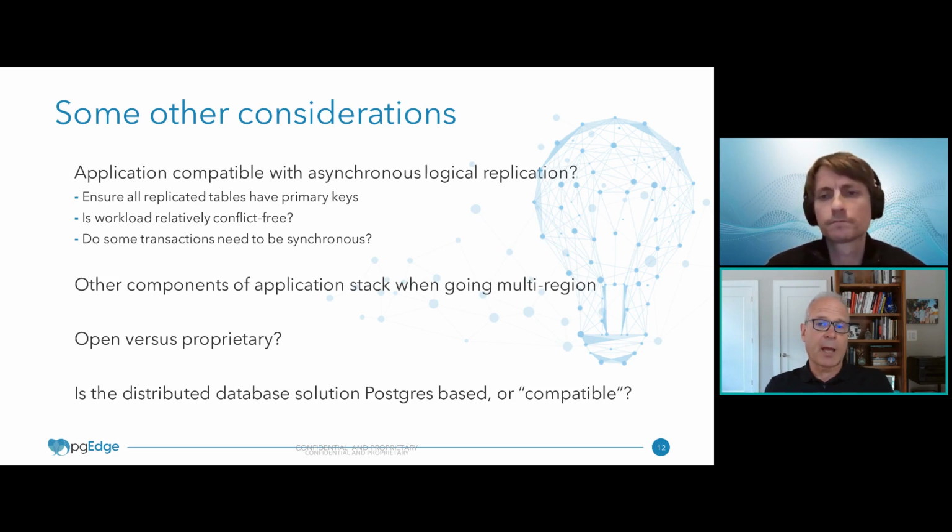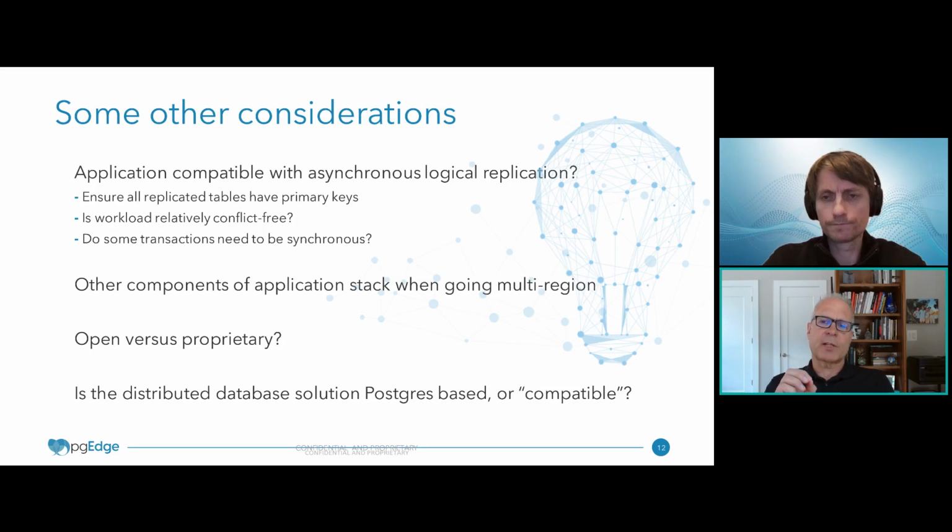Most applications can. All your replicated tables have to have a primary key, although that's usually pretty fixable if it's not the case. Is the workload relatively conflict-free? If it's not, we can work with you to adjust the schema to make that more the case.